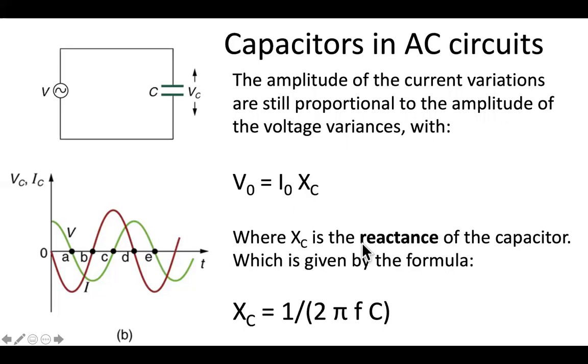Now, it turns out in this case, the reactance doesn't go like 2 pi times F times C, it goes like 1 over 2 pi F times the capacitance. This is completely orthogonal to how inductors work. And hopefully that makes some amount of sense. Remember, if you have currents that are not changing, an inductor doesn't do anything.